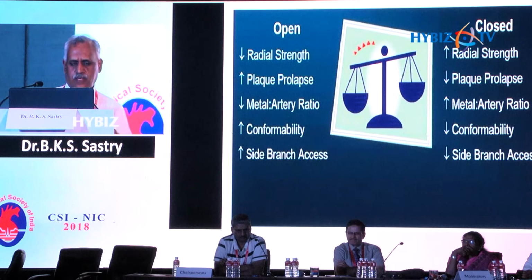If the open cell design is there, it will have less radial strength, plaque tends to prolapse, and metal artery ratio is less, which is good. It also has increased conformability and increased side branch access, but the main thing is radial strength will be less. Whereas in the closed cell design, radial strength will be more, plaque prolapse will be less, metal artery ratio will be more, conformability will be less, and side branch access will be less.